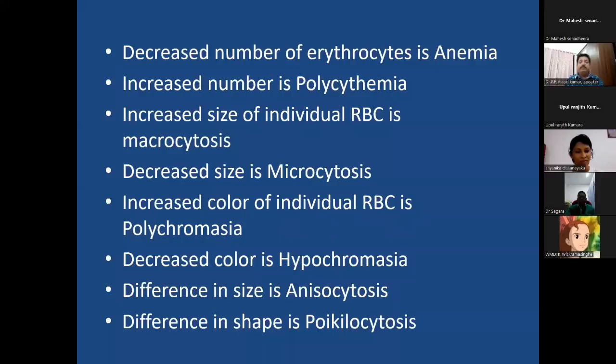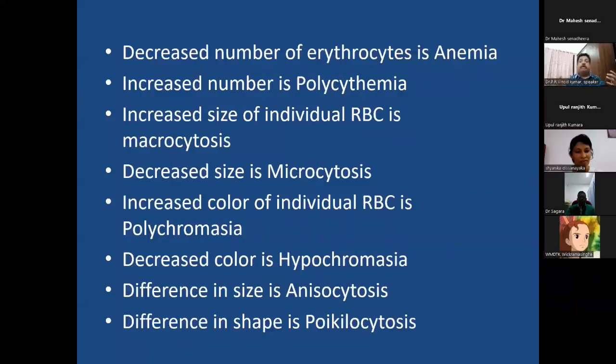Then there is an increased size of individual RBCs, macrocytosis. This will come because we all know about MCV. MCV will increase if there is macrocytosis. When there is more demand for oxygen, there are too many erythrocytes, but at the same time, they have to consume more oxygen.